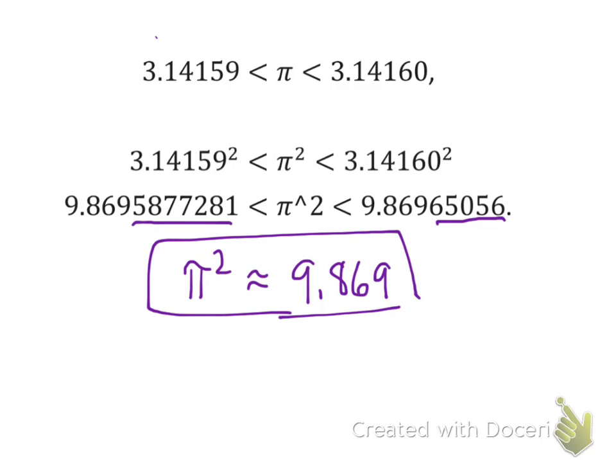So the point of this screen here is just to show you that just because you can put this number in your calculator and it's really, really close to what I'm working with, these extra digits are really, for all intents and purposes, meaningless. They're not accurate.